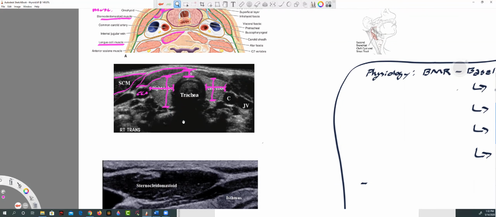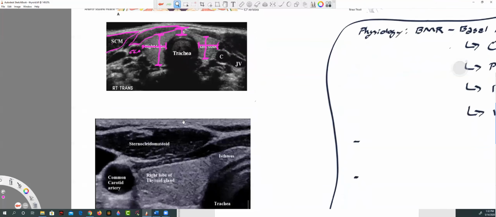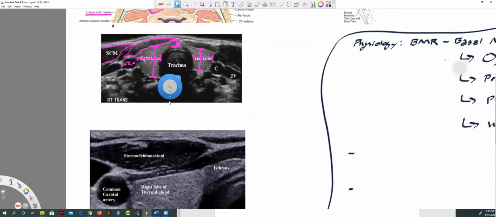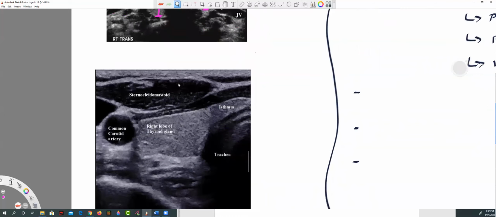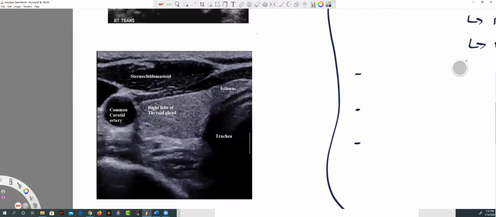And I don't know how they got so much of the thyroid. Either this is a child and doesn't really look like a child to me, or they might have used a panoramic view. But in any case, in this picture the transducer is transverse.